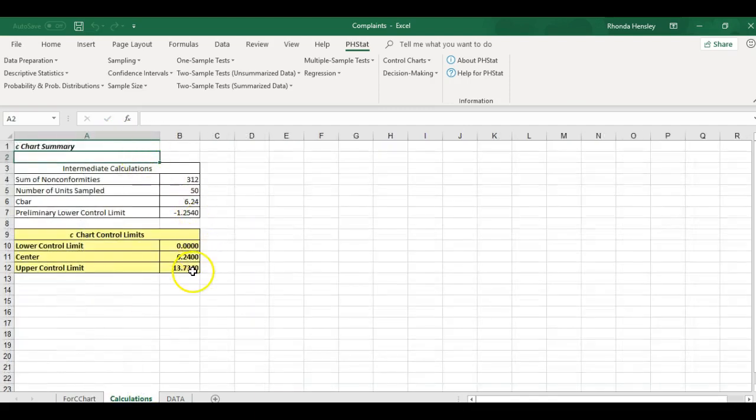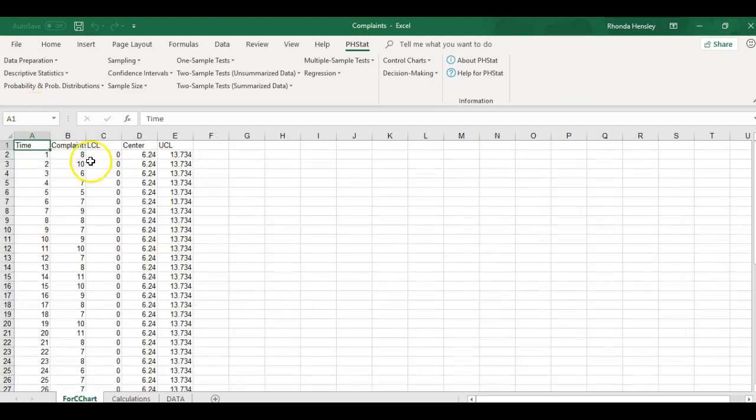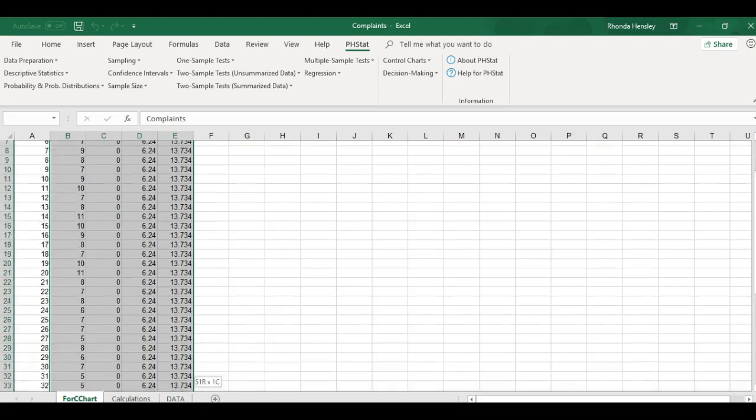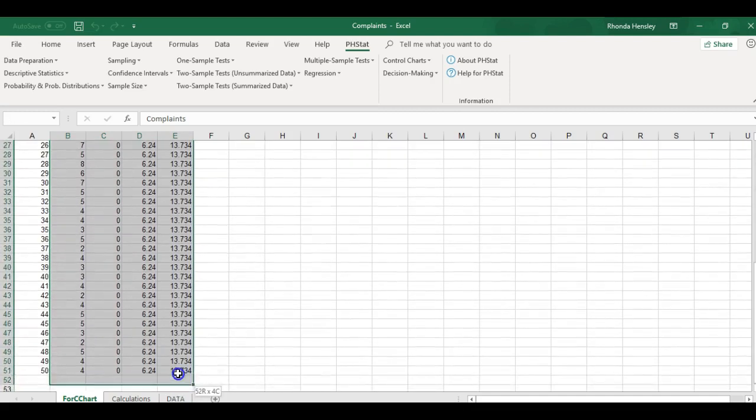It computes your upper and lower limit, your center line, and it gives you this lovely table where it lists the number of complaints, which is what you're going to plot, the lower control limit, the center line, and the upper control limit.